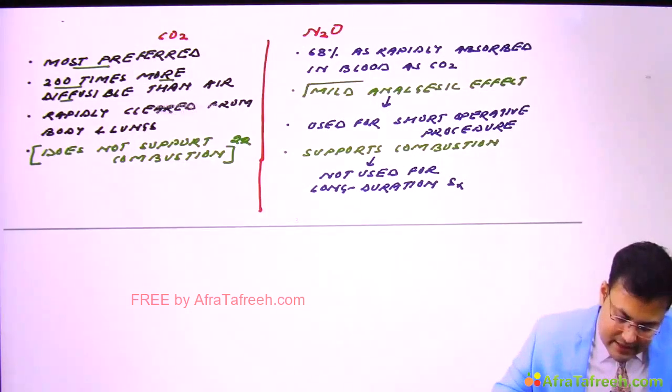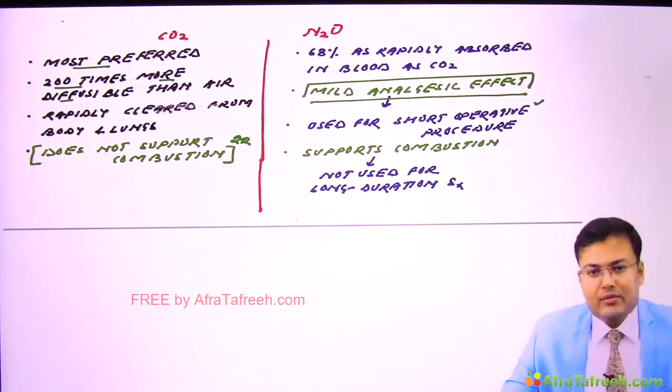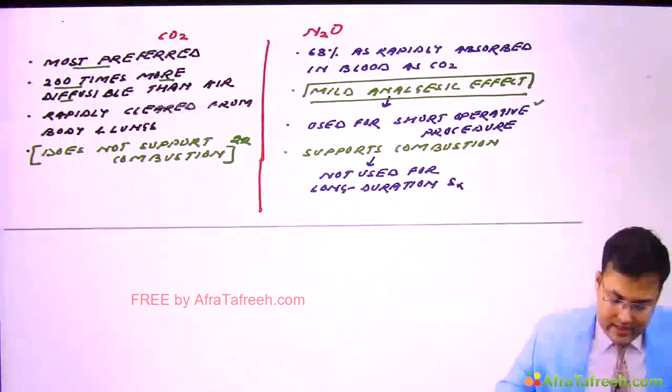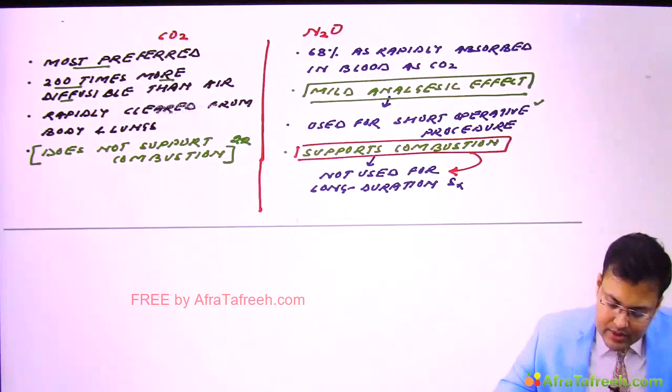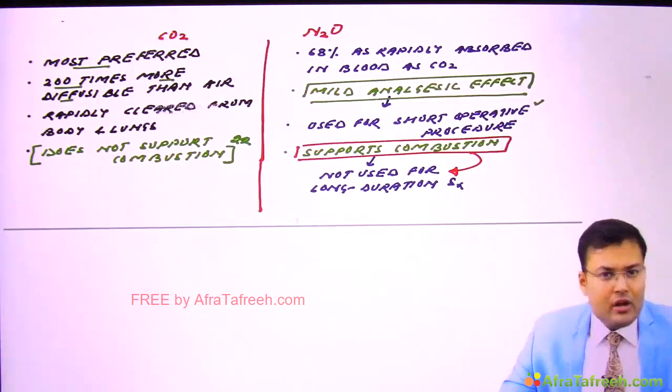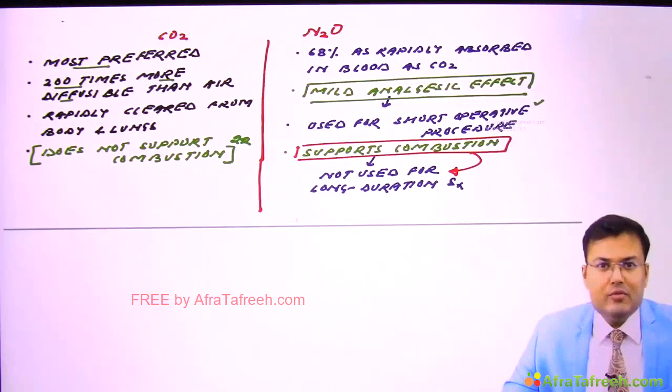The advantage is that it has a mild analgesic effect, so it's used for short operative procedures. But the problem is that it supports combustion, and since it supports combustion, we are not using it for long duration surgery. So these are the commonly used gases for creation of pneumoperitoneum.